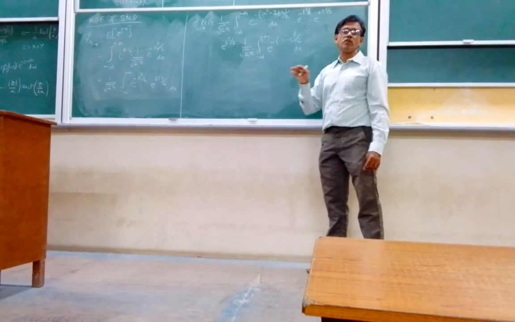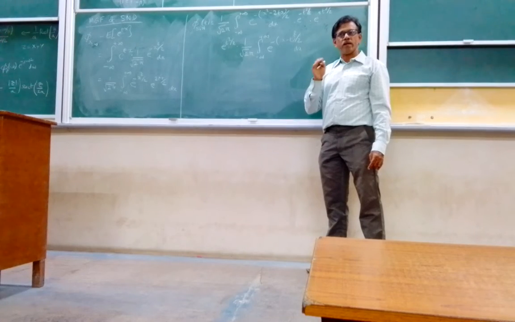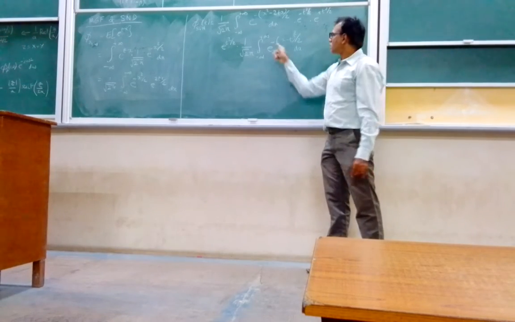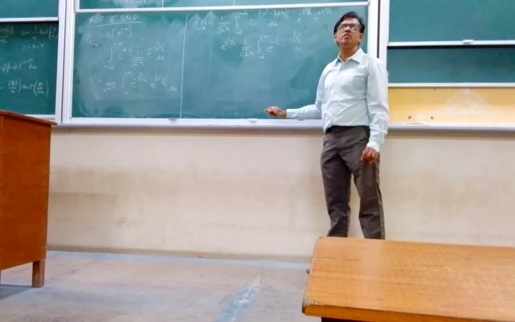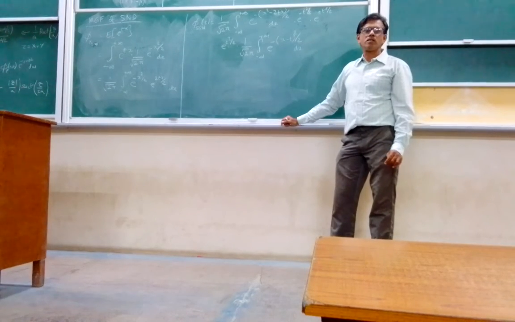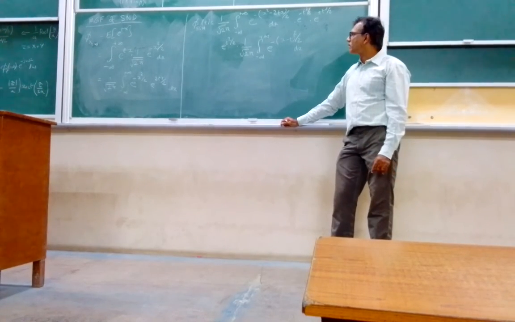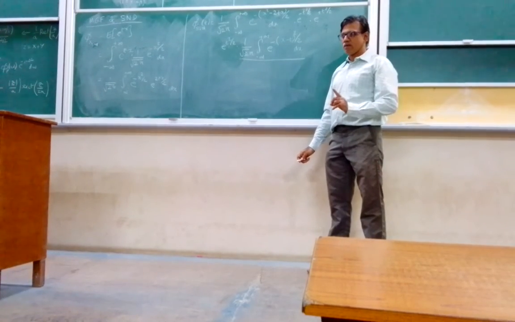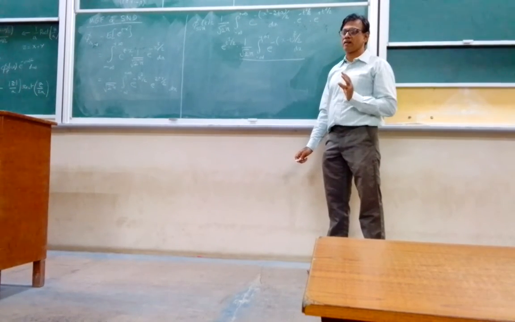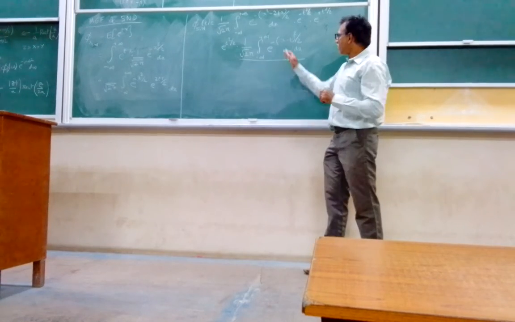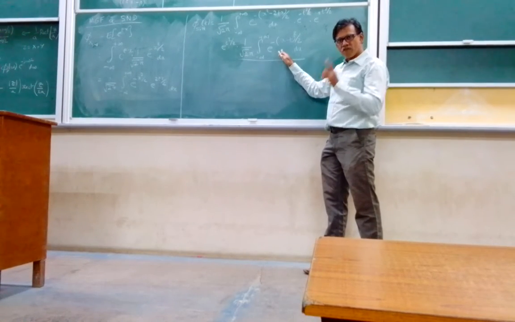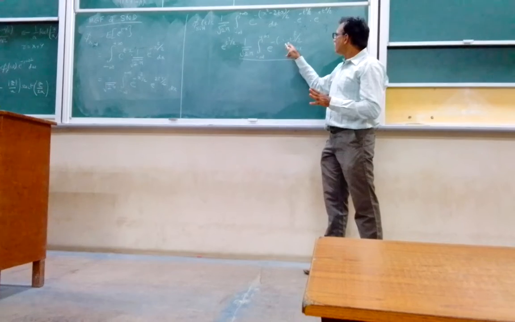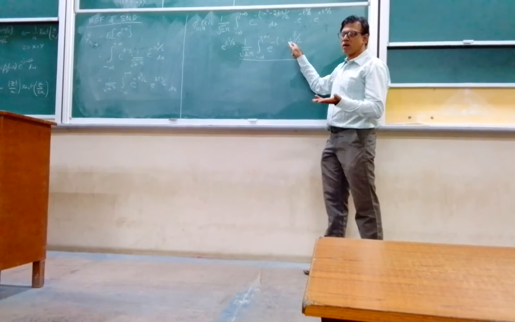I did it with a specific purpose. Why? What is that purpose? Because this is something which we will be able to easily do. What will be the value of this integral? It has to be 1, because this is a Gaussian integral, of a Gaussian random variable with mean t and variance 1.